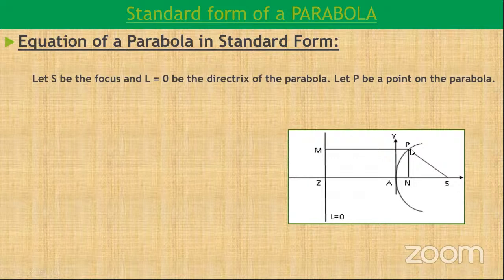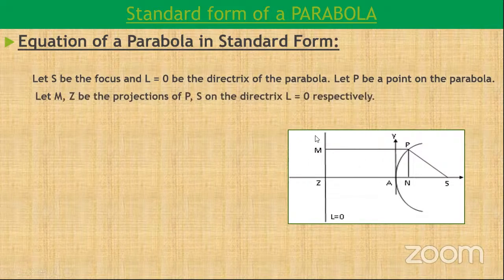And let us choose a point P on the parabola. Now, let M be the projection of P on the directrix and Z be the projection of S on the directrix L equal to 0. Let N be the projection of P on SZ.